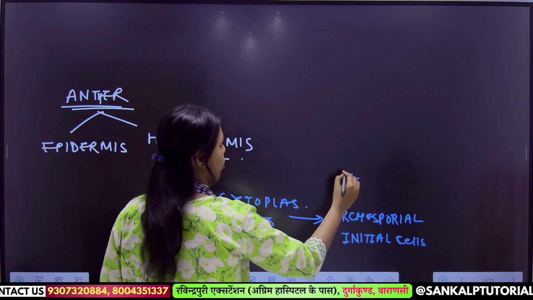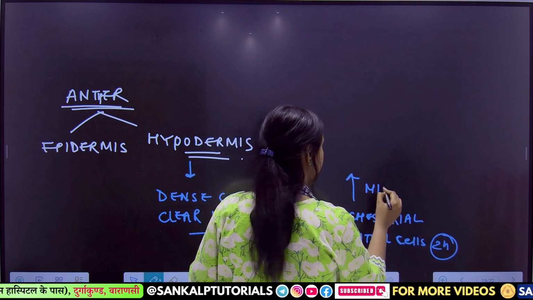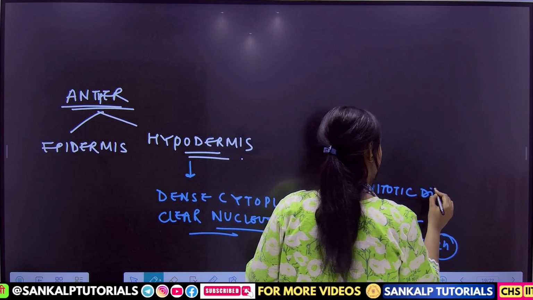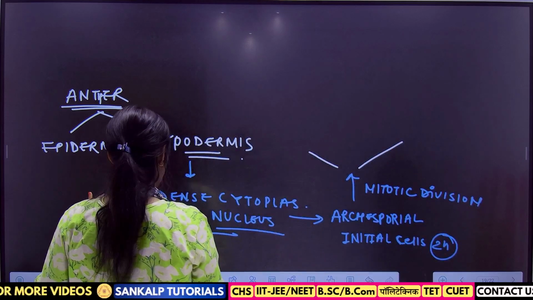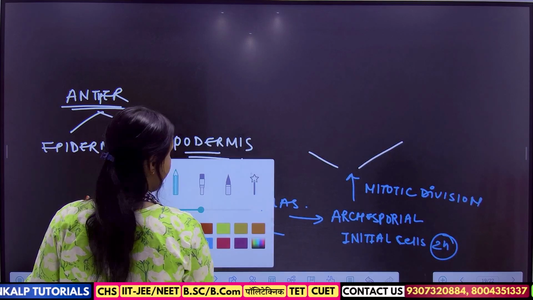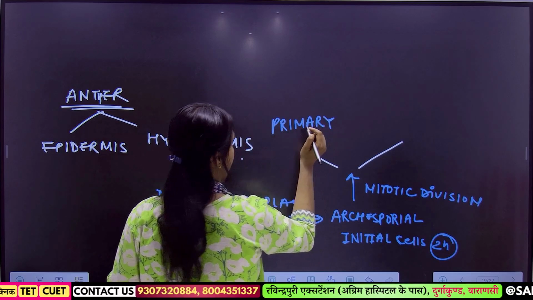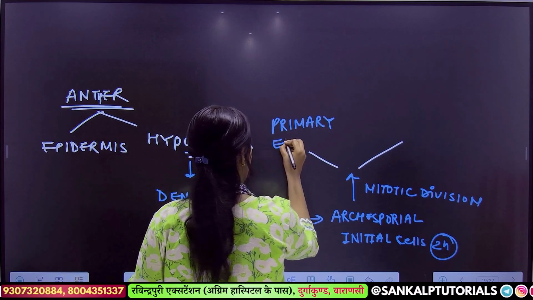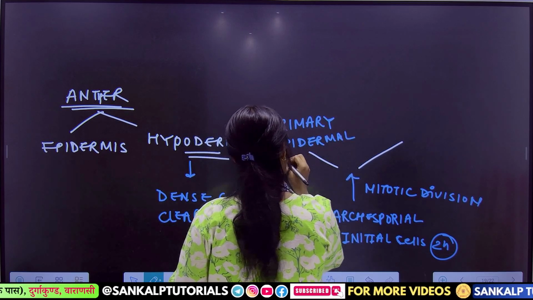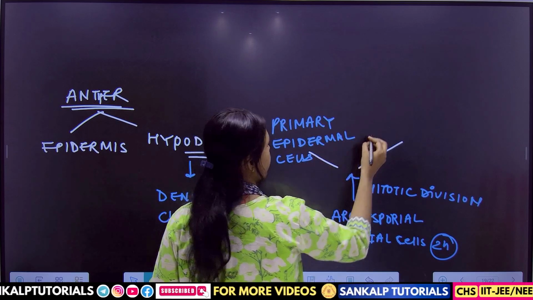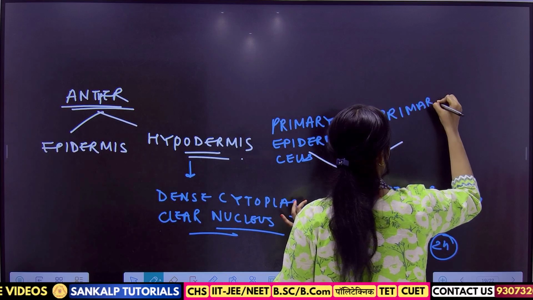These cells further go for mitotic division and give rise to two types of cells, that is primary epidermal cells and primary sporogenous cells.